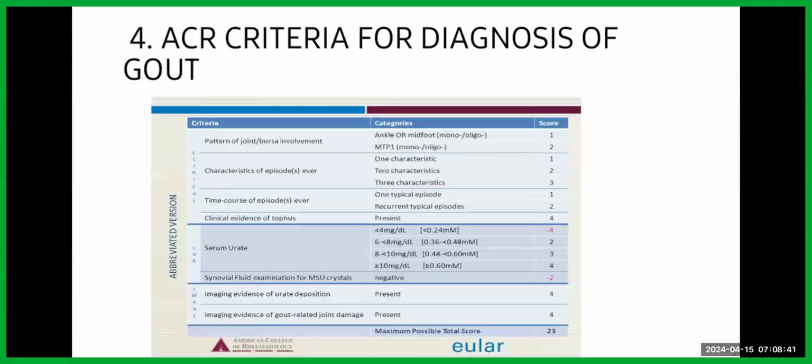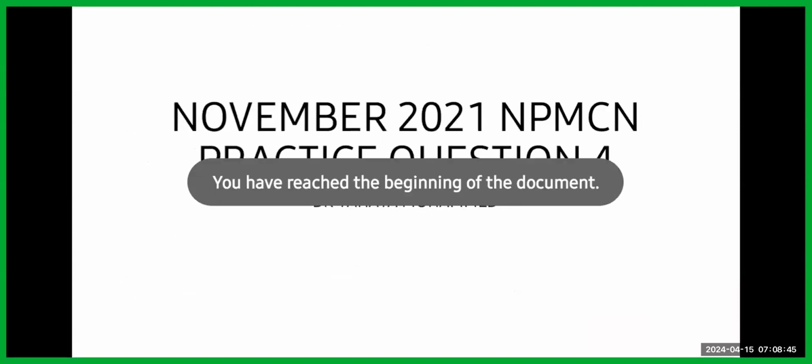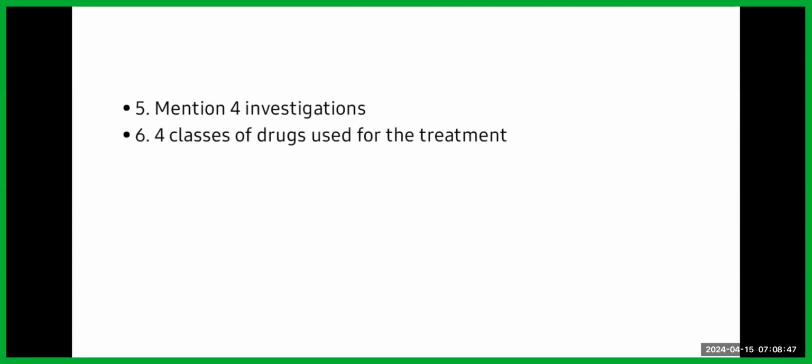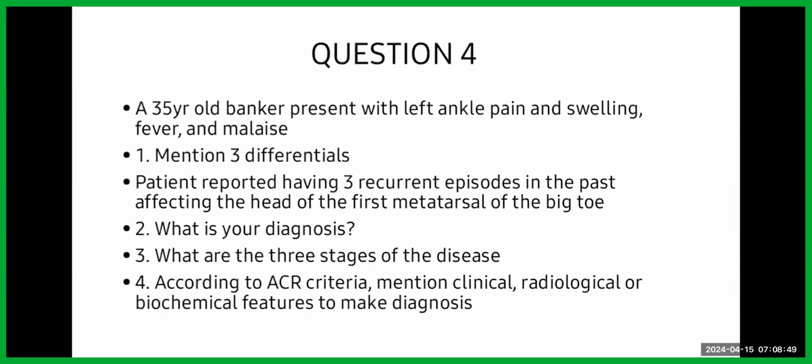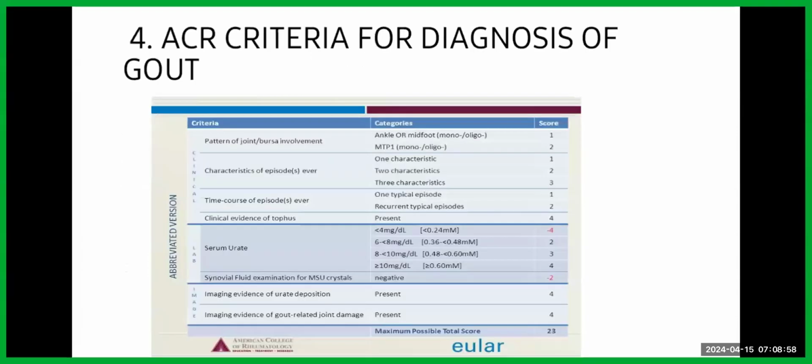Number 4 said, according to the American ACR criteria, I mentioned clinical, radiological, or biological features to make the diagnosis. So there is a criteria for diagnosis of acute gouty arthritis, especially the one by the American College of Rheumatology.